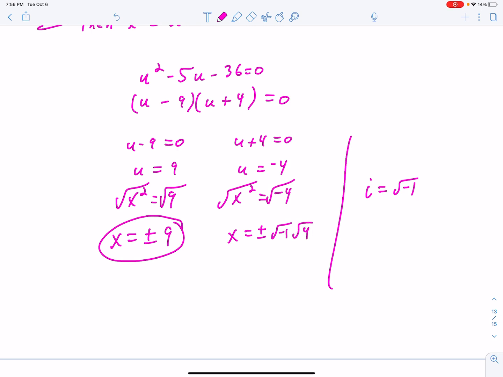Simplify: x equals plus or minus, the square root of negative 1 is i, and the square root of 4 is 2. We'll put the 2 in front of the i. There's your answers. That was substitution.